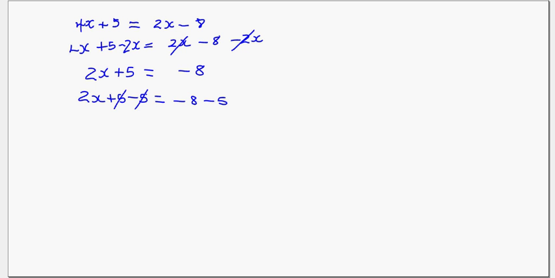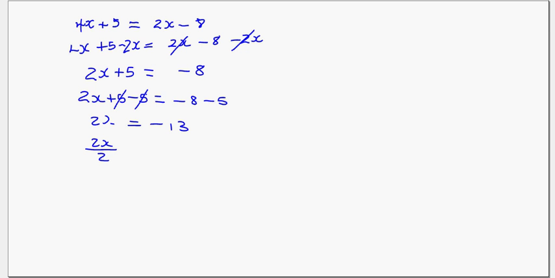So this works out to be 2x equal to minus 8 minus 5. It's minus 13 because we have to add the numbers and keep the common sign. Then we observe that this is 2 times x. So the opposite of multiplying the x by 2 is dividing the x by 2.